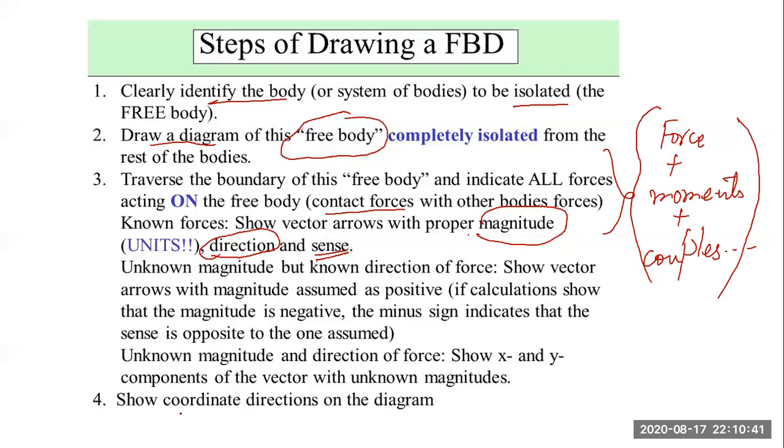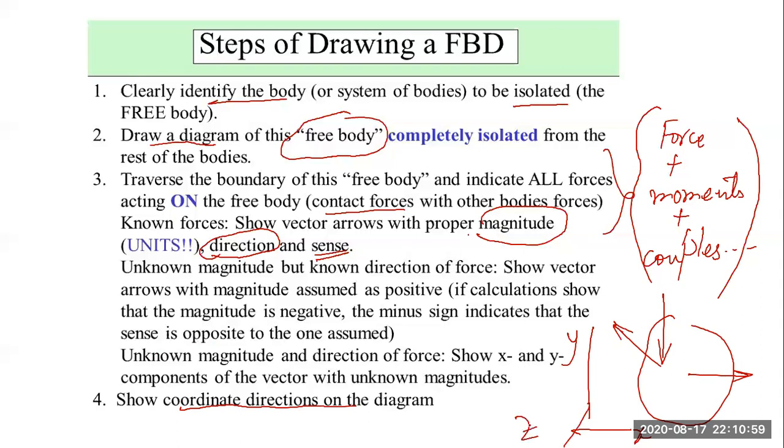Show the coordinate directions of the diagram. So if we are drawing a point body, like this, either our XY plane or XYZ plane is this one, or according to our ease of solving the problem, according to my wish, I can shift the total axis at a particular angle.